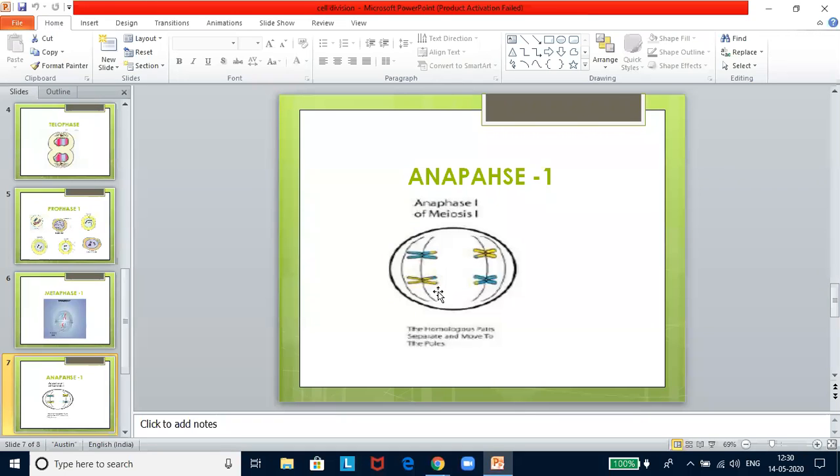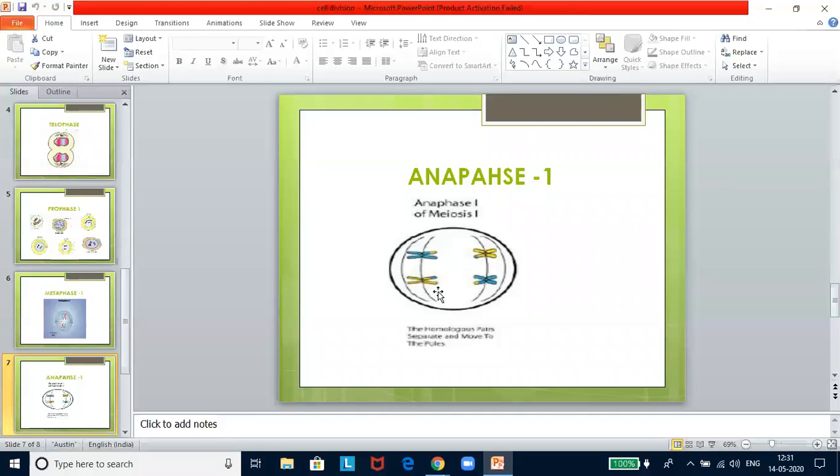Now anaphase begins with the shortening of the chromosomal fibers attached to the centromere of the homologous chromosome. Each chromosome of the bivalent is pulled towards the opposite poles of the spindle. During anaphase 1, the homologous chromosomes are separated, but the centromeres of the chromosomes do not split. This results in the number of chromosomes being reduced to half the original set.